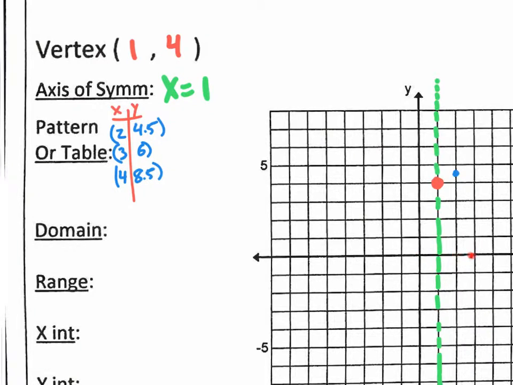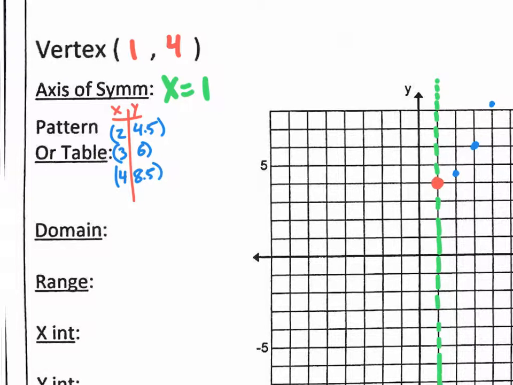That's easy. 1, 2, 3, 1, 2, 3, 4, 5, 6. It's right there. And the last coordinate is 4, 8.5. So you go 4, 1, 2, 3, 4, 8.5. That is 8. And then 0.5 of the way up is just a little bit more. So let's put a dot right there. Does that make sense to everybody?